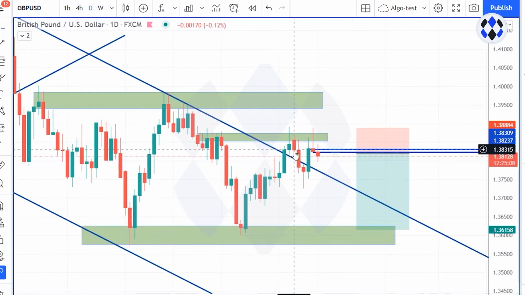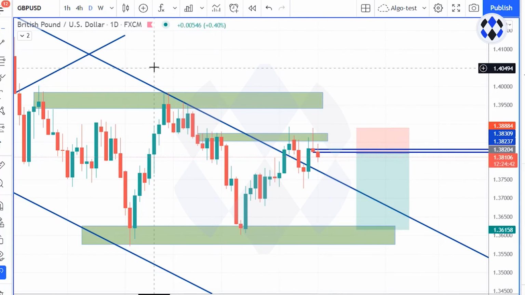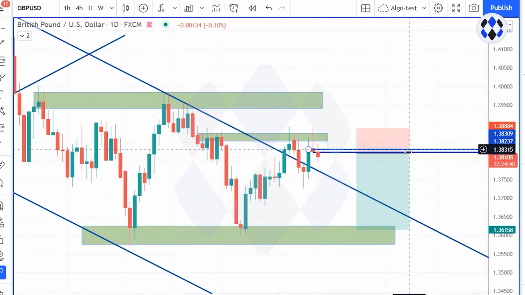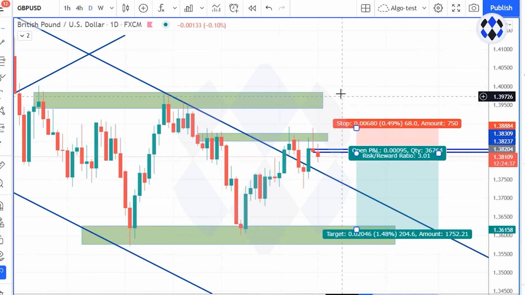I didn't take that because I was doubting if it would continue up here, but then it went down, went up again, and we saw the second rejection at the exact same level, showing me that there are some really large players here pushing the price down from this area. So when I saw this wick, I took it without a doubt. I am short in the pound US, and that could reach around 3R here.